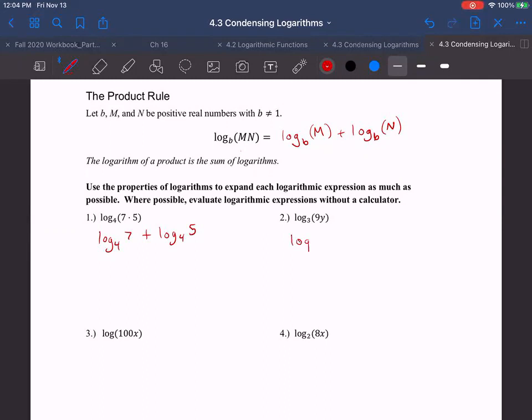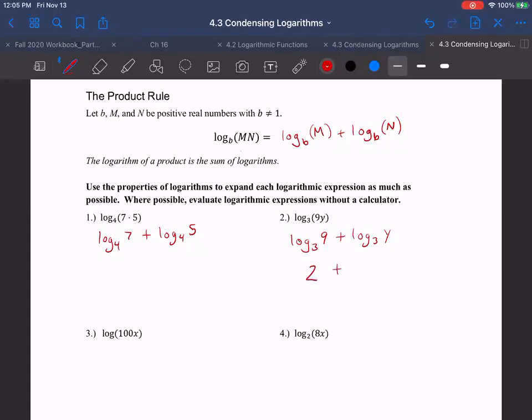Here we can say log base 3 of 9 plus log base 3 of y. We can separate that out. Now for this one, log base 3 of 9, we can go ahead and reduce it: 3 to the what power equals 9, and that is 3 squared.